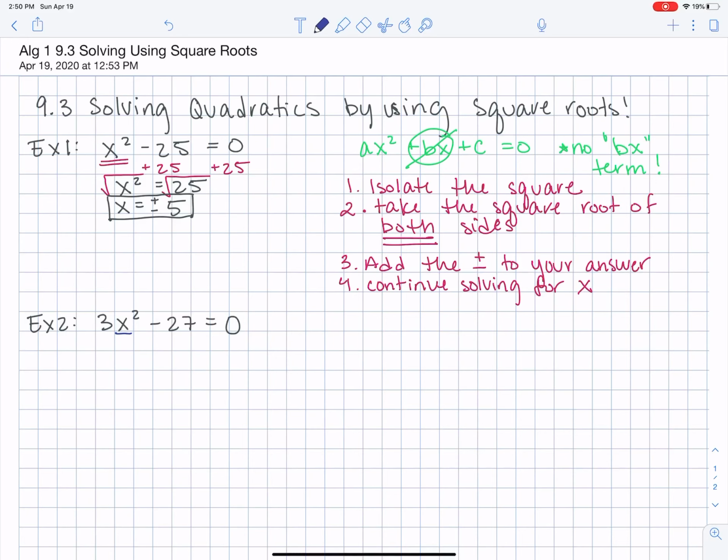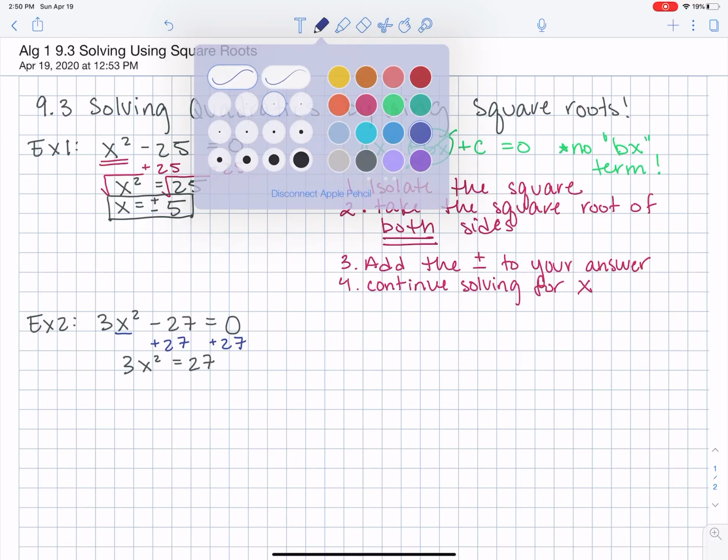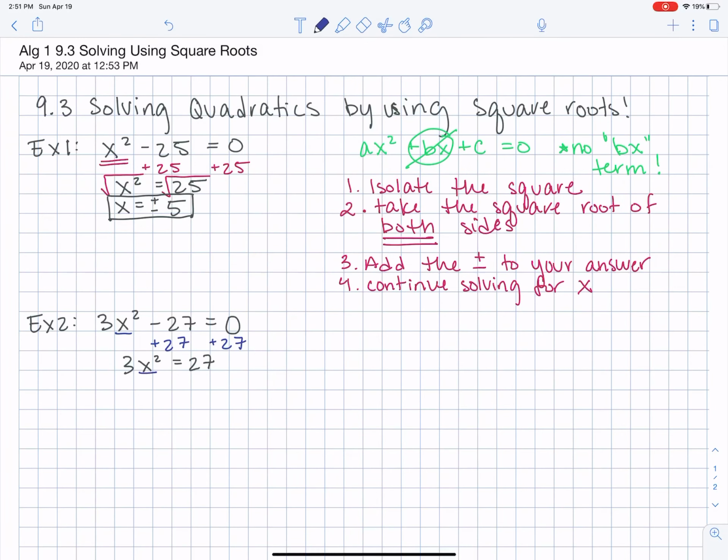So I need to add 27 to both sides, leaving me with 3x squared is equal to 27. Now, you would think that it's isolated, but it's actually not, because it's being multiplied by 3. So you have to divide everything by 3, because only the x is the thing that's being squared, meaning that you have x squared is equal to 9.